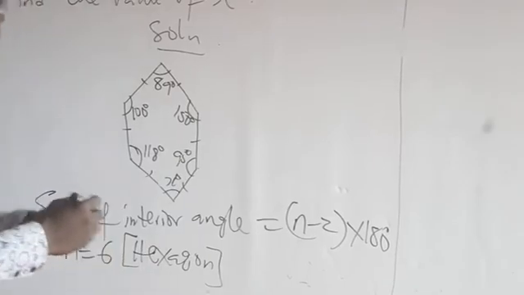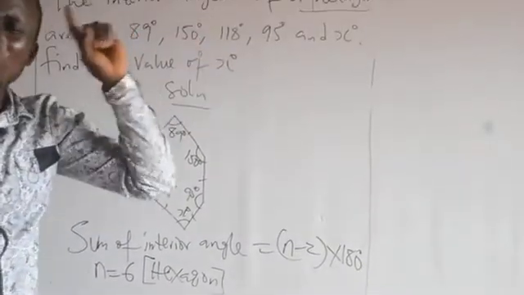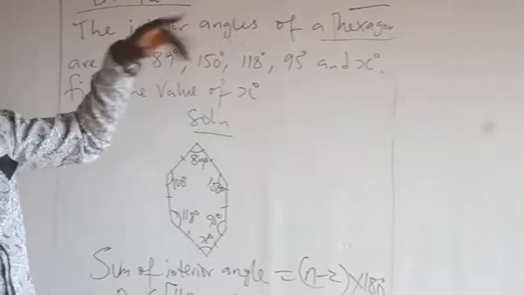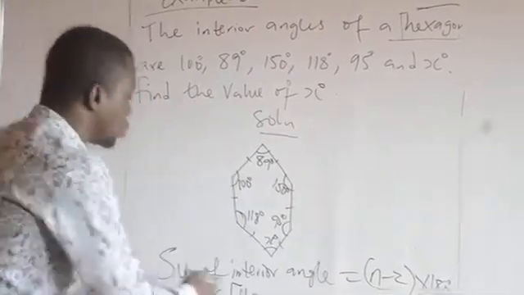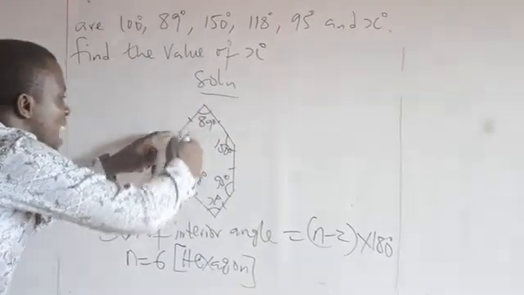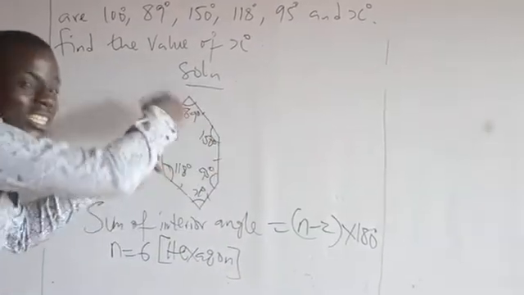Whenever the name of the shape is mentioned, please go and check the number of sides. I gave it to you on the table. So by substitution, the sum of interior angles, the sum of all these angles inside, they are called interior, they are inside.